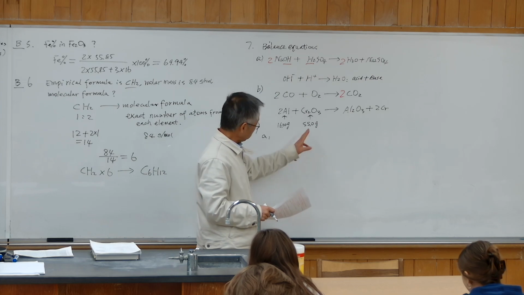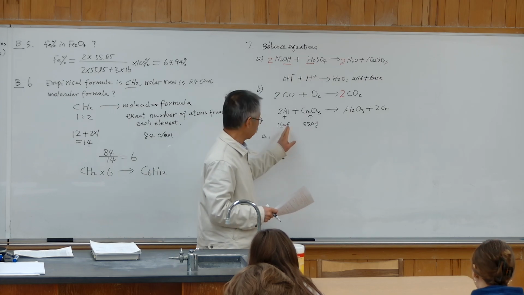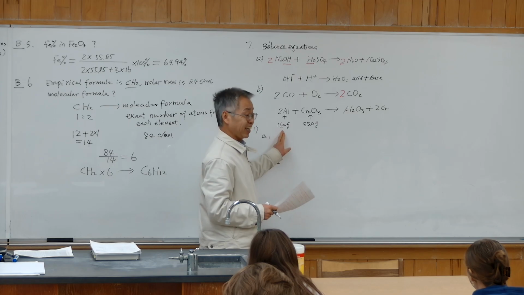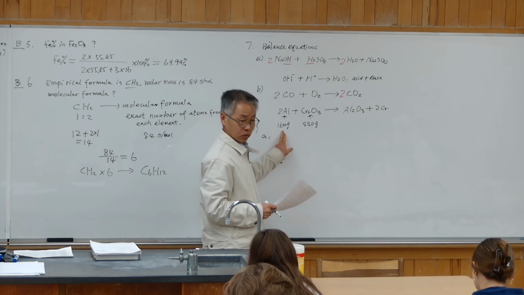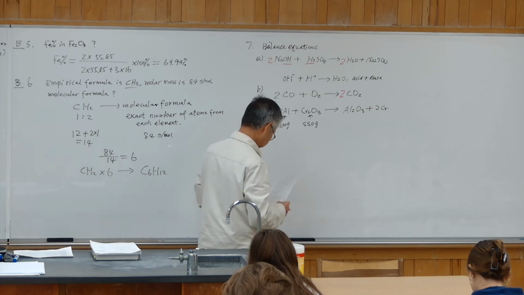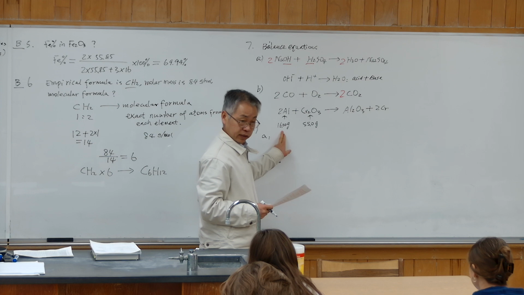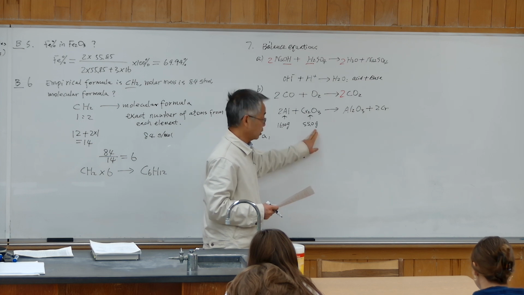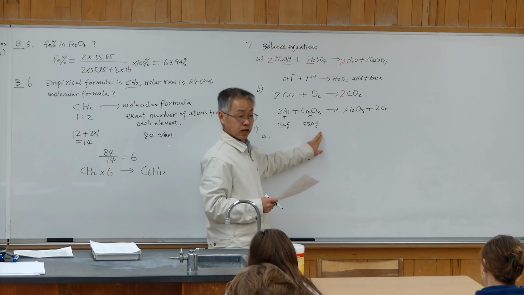So if you pick this, 55 gram of Cr2O3 reacted, we can figure out how much Al is needed, then compare with 16 gram. Then we can judge which one is the limiting reagent. Of course, you can also pick 16 gram Al reacted, then find out how much Cr2O3 is needed, then compare with 55 gram.